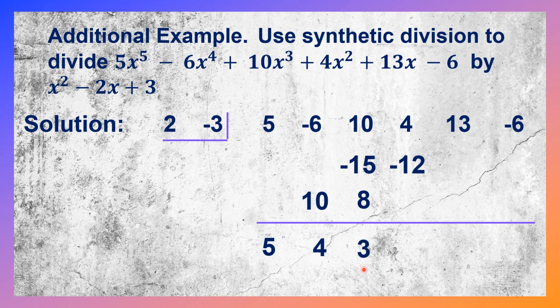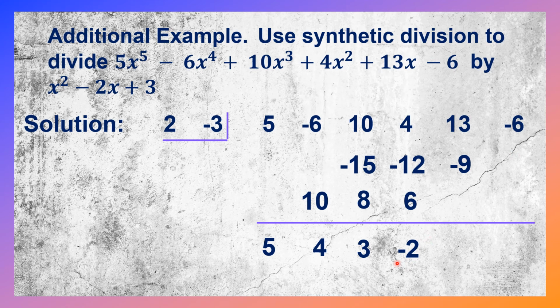Then, repeat again the process by multiplying 3 by the two divisors, and our answers are written diagonally. So, 3 times 2 is equal to 6. Then, 3 times negative 3 is negative 9. Then, add 4 plus negative 12 plus 6 equals negative 2. And then, we multiply again this negative 2 by the two divisors, and the answers are diagonal.